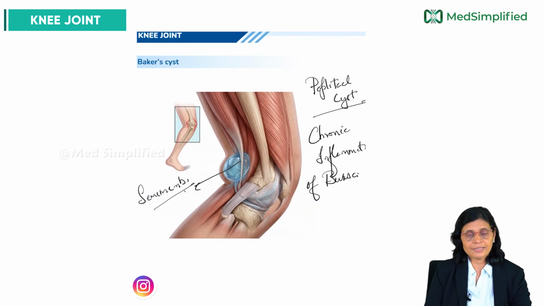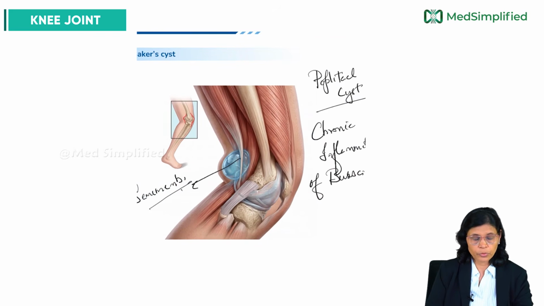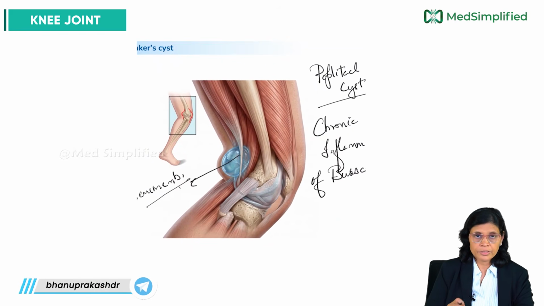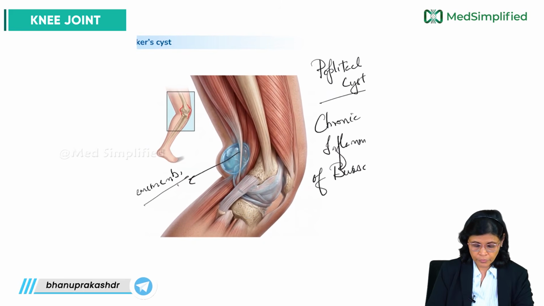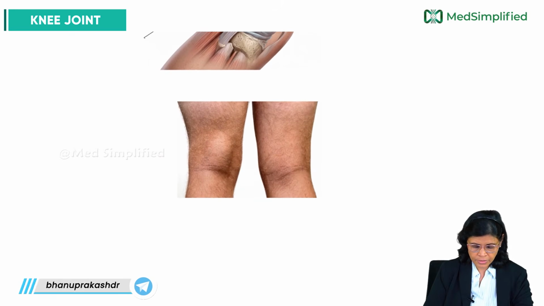So this presents as a fluid filled cystic swelling of the synovial membrane, which we will see in the popliteal fossa, in the medial part of the popliteal fossa. So that is Baker's cyst or popliteal cyst.